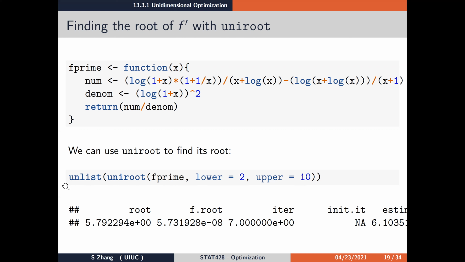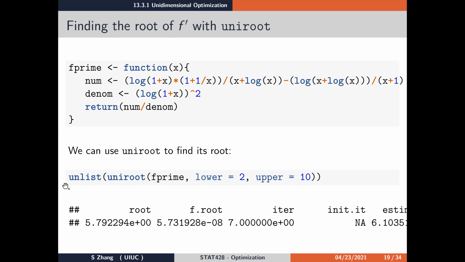And then we call this object fpx, which is a numerical approximation for f prime evaluated at x. And then we will be able to implement the Newton-Raphson update step, where we set the next x value to be the current x minus fx divided by f prime of x.